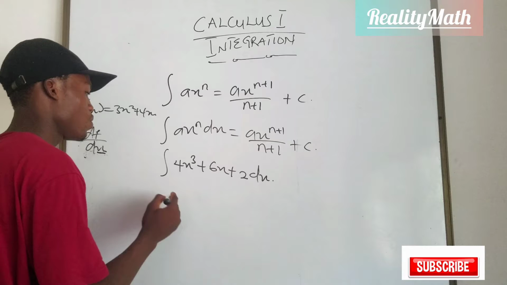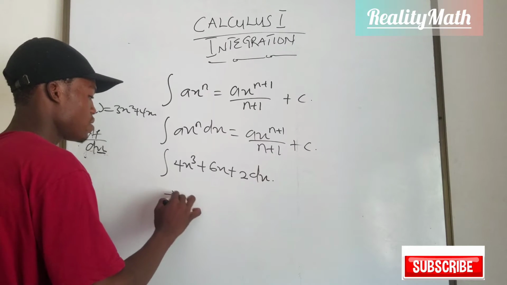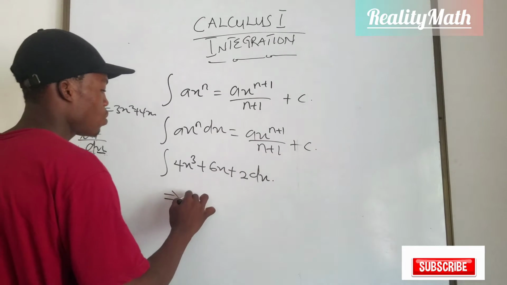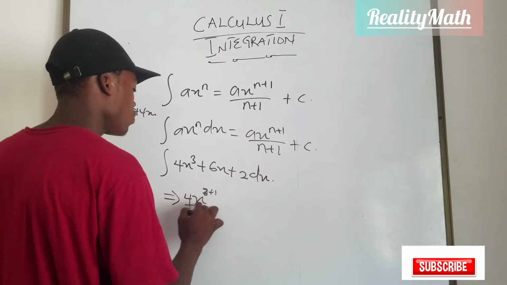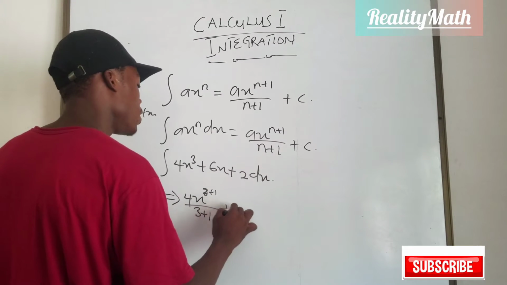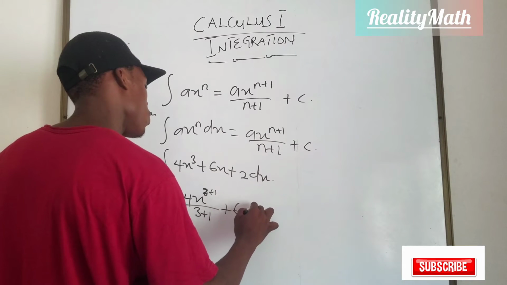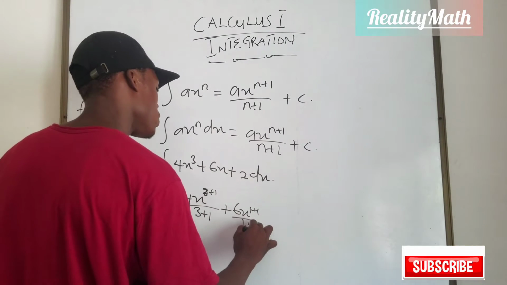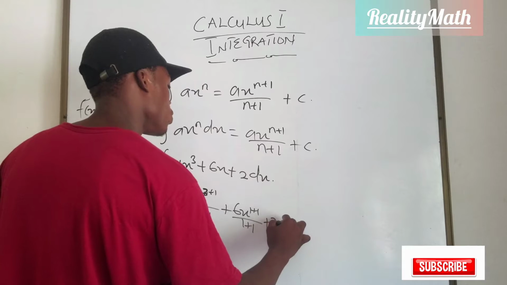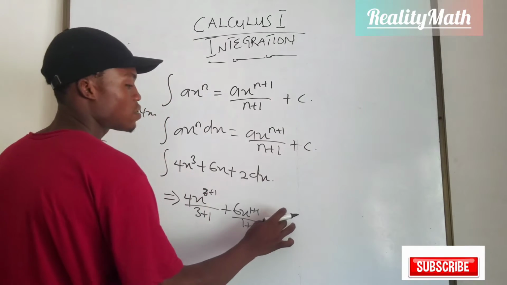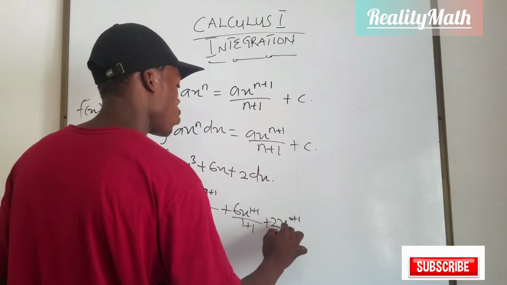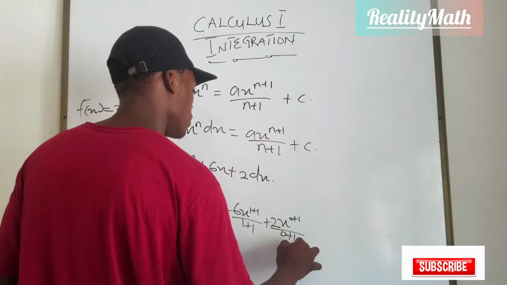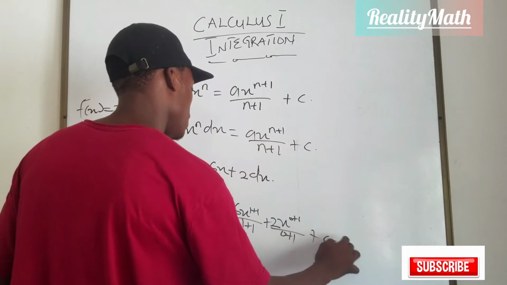This will give us 4x to the 3 plus 1 all over 3 plus 1, plus 6x to the 1 plus 1 all over 1 plus 1, plus 2. You know that the x over here is to the power 0, so 0 plus 1 all over 0 plus 1, plus some constant c.